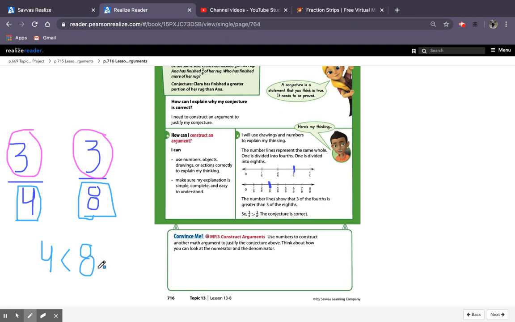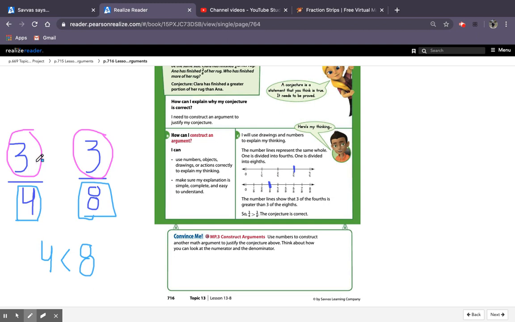And another way for me to see this is to think about pizza. If you had 4 pieces of pizza and you ate 3 of those pieces, you only have one left. If you had 8 pieces of pizza and you ate 3 of them, you have 5 left. So we're really far away from making a whole, 8/8, here, and we're super close here.